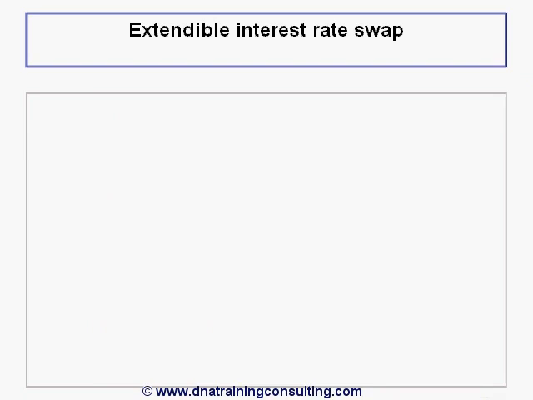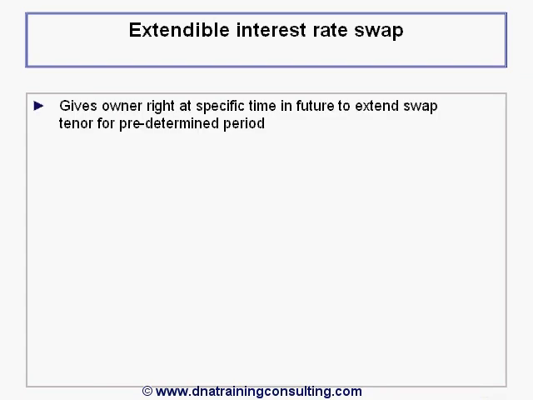But we begin first by introducing extendable interest rate swaps, which give the owner the right at a specific time or times in the future to extend the swap tenor for a predetermined period at the same fixed rate as the current one. And we invite you to think about how you might use the models we presented in earlier chapters to price such an instrument.